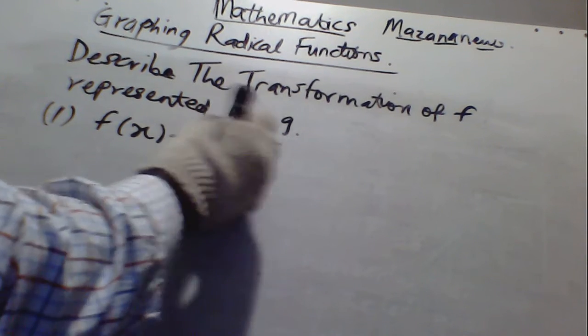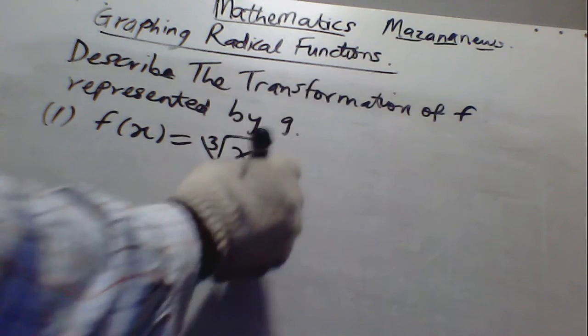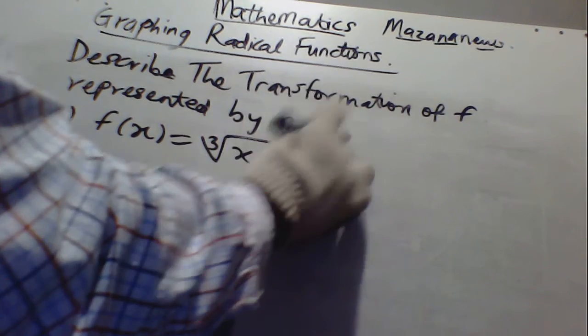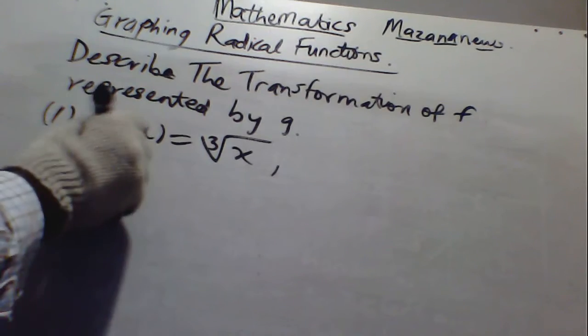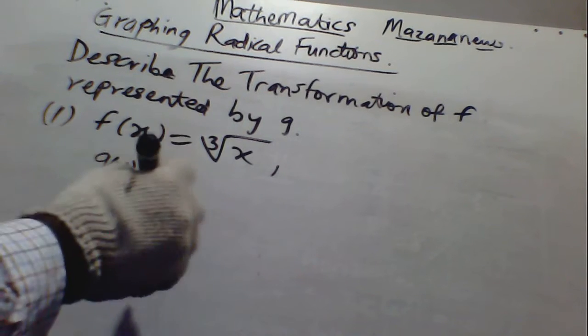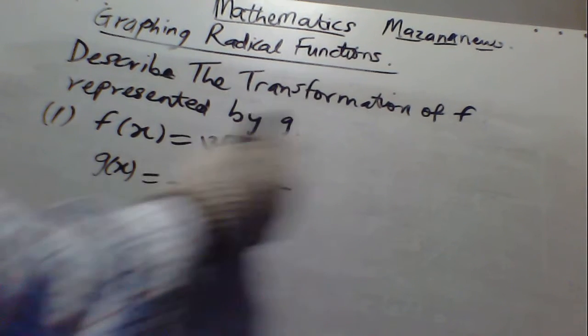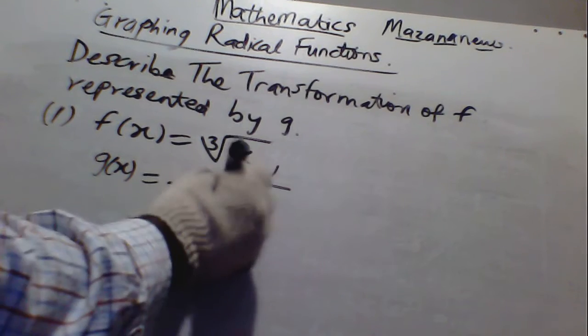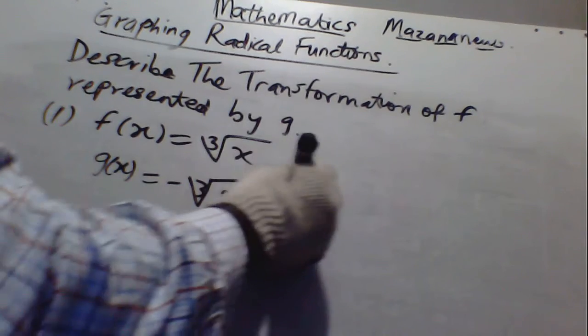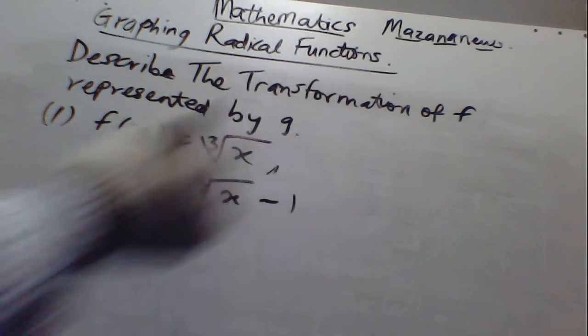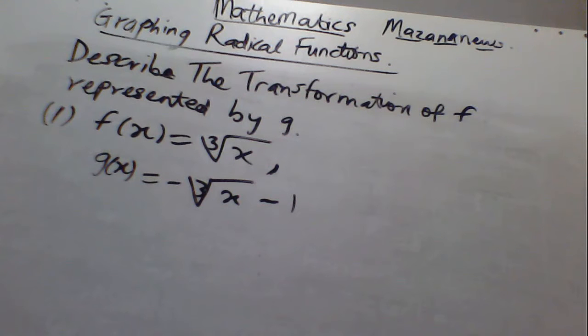You are given the cube root of x for f of x, and also given a function g of x, g of x is equal to minus cube root of x minus 1. So you are required to describe the transformation, then graph each function.